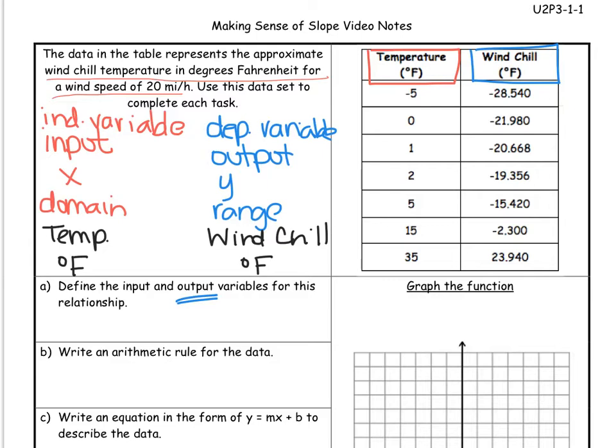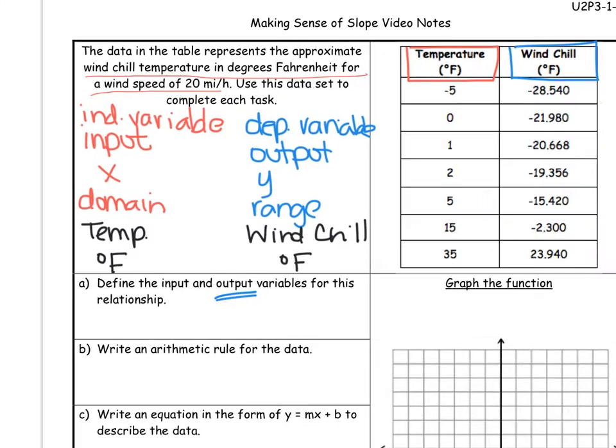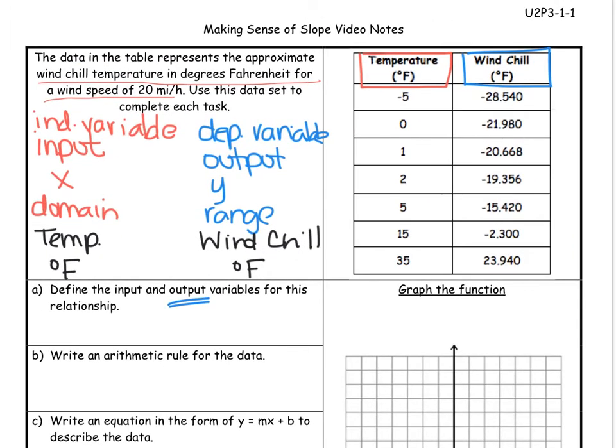So if you're wondering what wind chill is, when it's cold outside, when we have a certain temperature, say for example, the temperature is 0 degrees Fahrenheit, when the wind for this particular one is blowing at 20 miles per hour, that 0 degrees is actually going to feel like almost negative 22 degrees. So when the wind blows, it makes the outside temperature feel a lot colder.